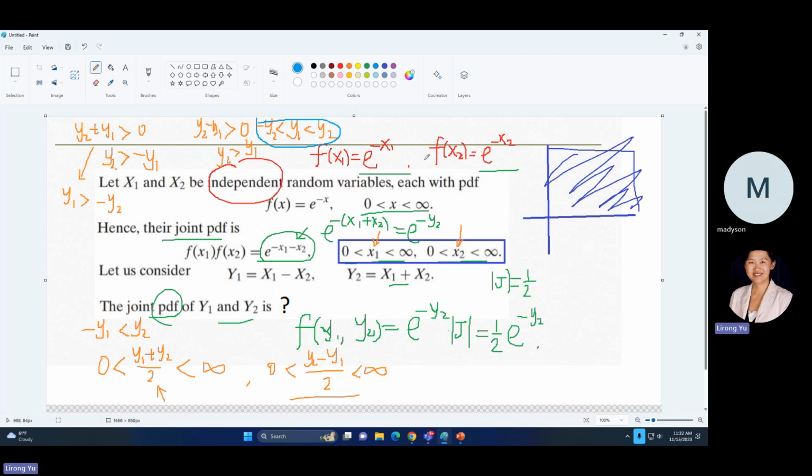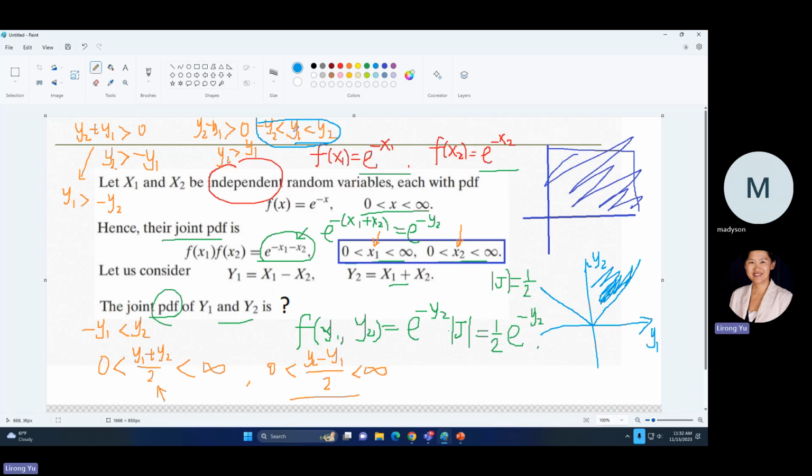So what does it mean? On the plane, horizontally is y1, and vertically is y2. On this line, y2 equals y1. On this line, y2 equals negative y1. y2 is higher than y1, so y2 stays on top of this line.